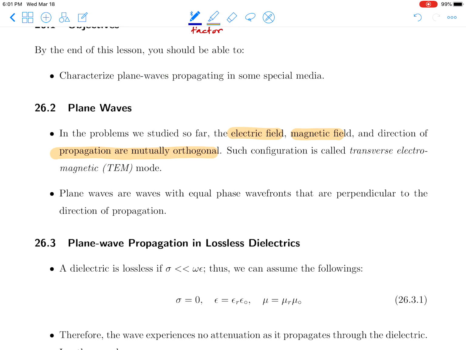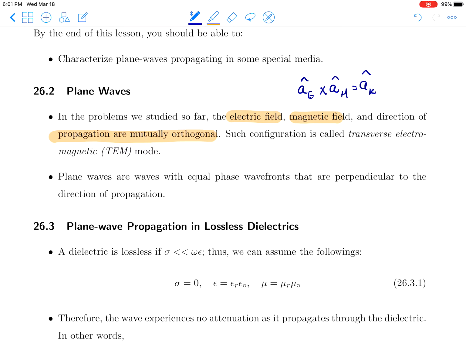In other words, we have the following formula, where K is the direction of propagation. Such a form is well known in the electromagnetic literature as the transverse electromagnetic mode.